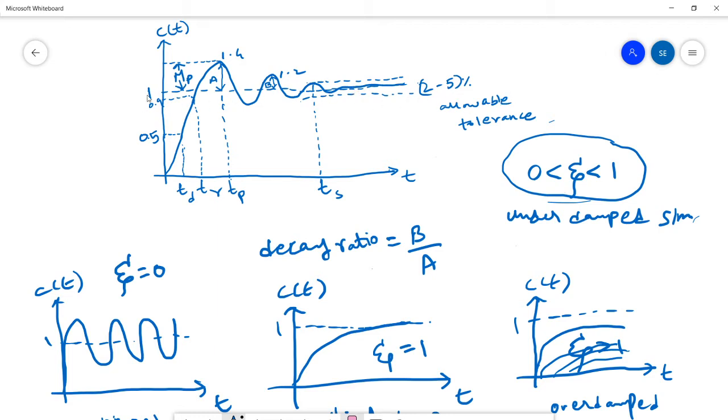If 1 is the desired response you are expecting, 2% of 1 is 0.98, so plus or minus 2%, your response can vary between 0.98 and 1.02. If it is 5%, it can vary between 0.95 and 1.05.